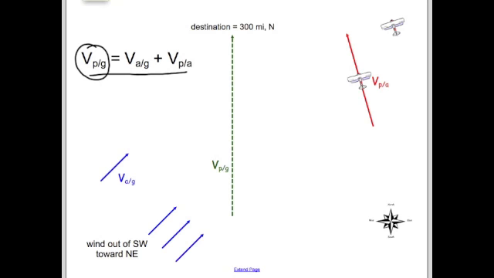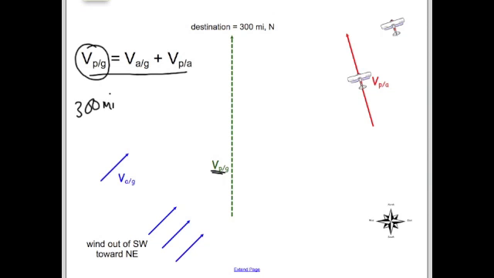That is, in this case, a vector pointed due north. So I'll put it right here, and it's pointed north. I don't know how long that vector is, because the 300 miles is a distance, and this is a velocity. So that is not a vector which is 300 miles long.